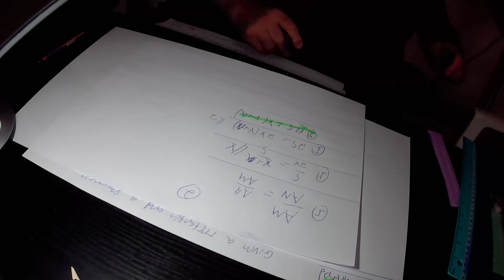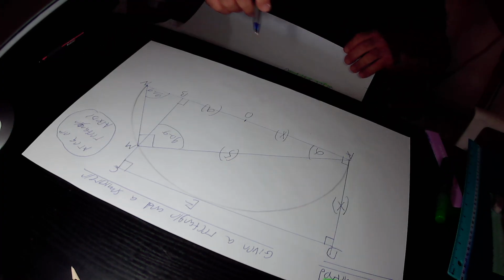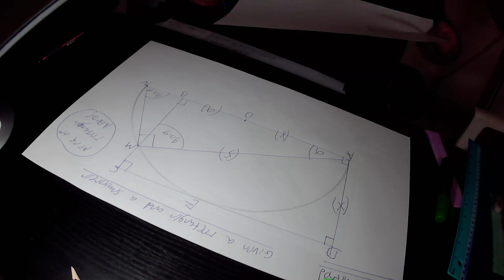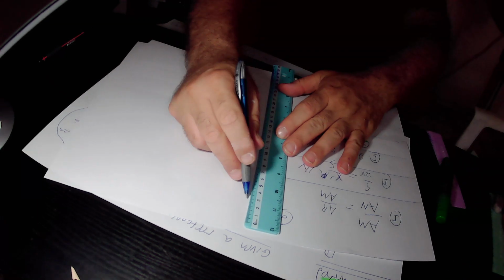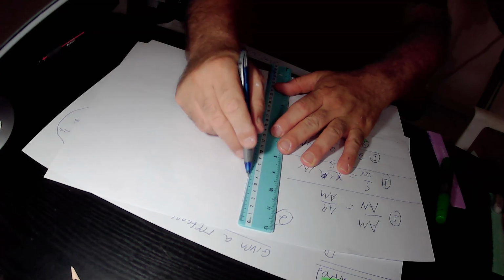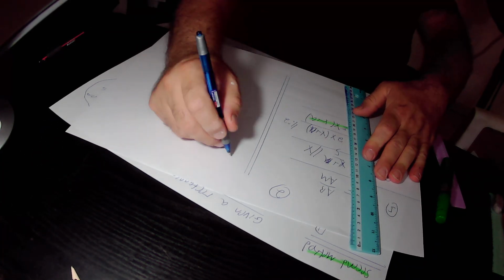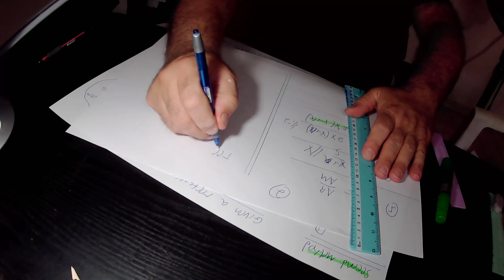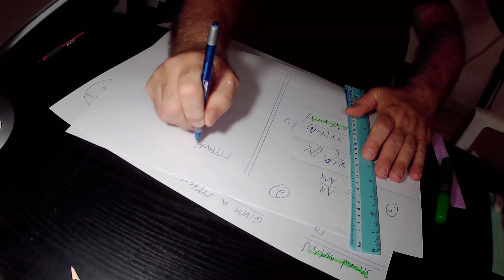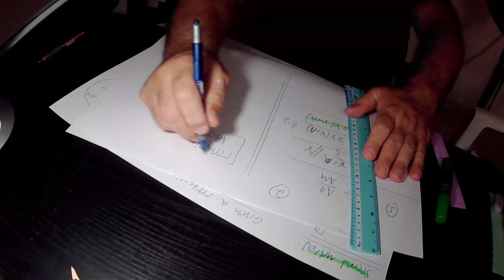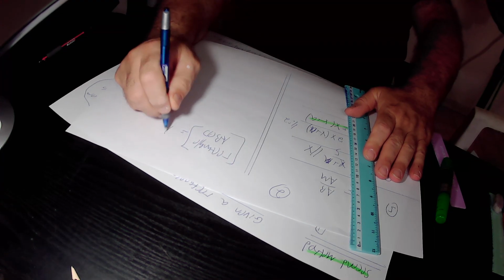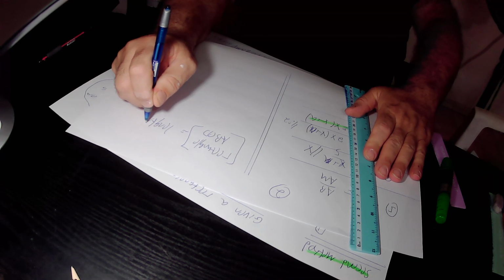Our mission is to find the area of this rectangle ABCD. The area of any rectangle is equal to the length of the rectangle times the width.